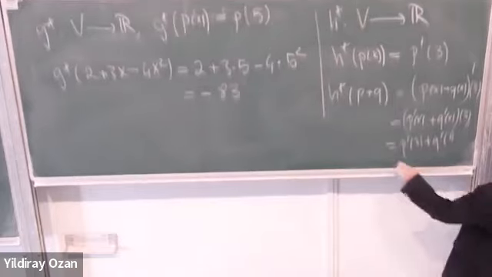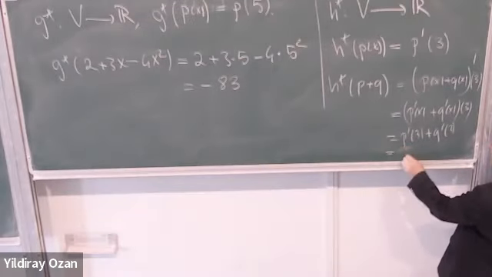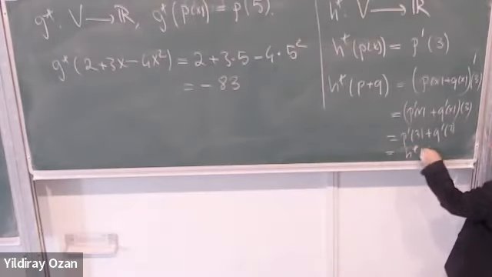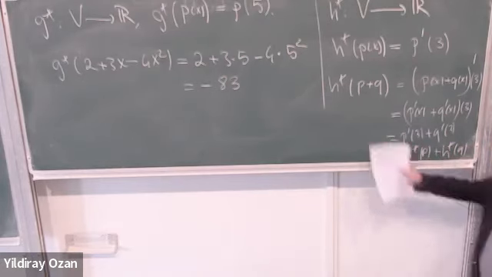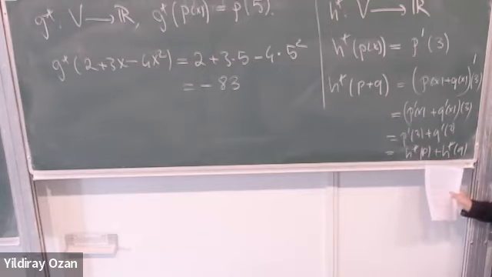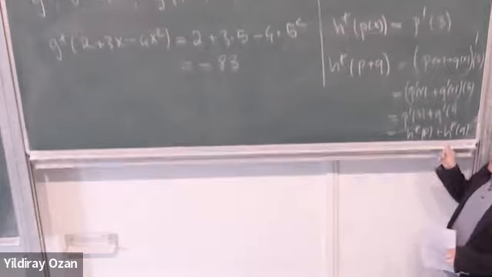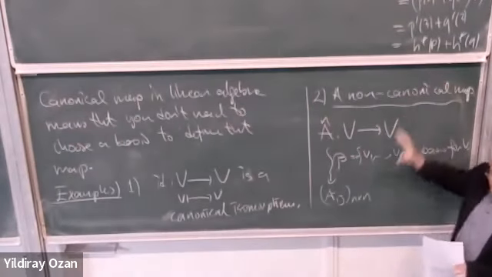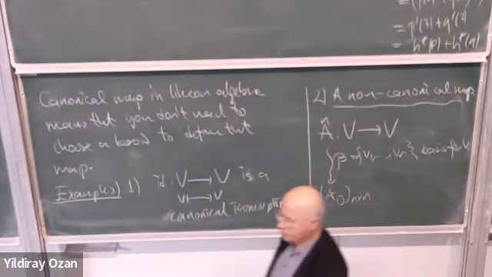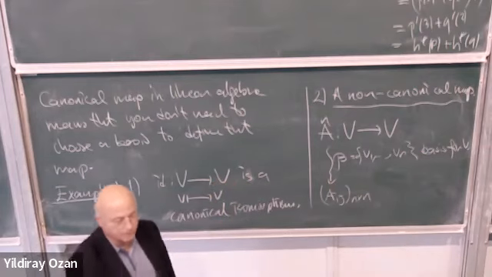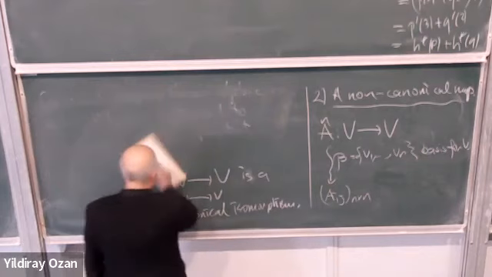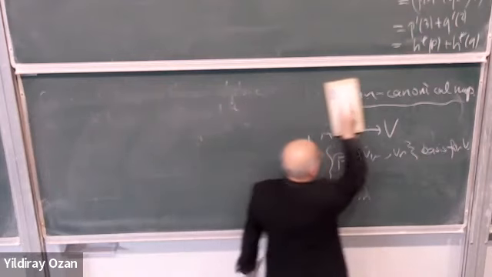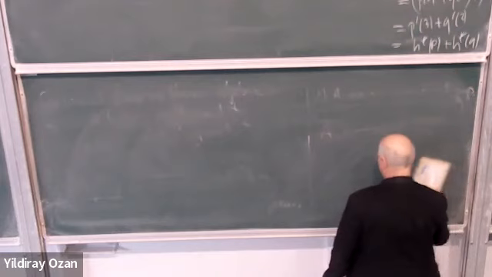But this thing is just h star of p, and this is h star of q. So h star of p plus q is just h star p plus h star q. Okay. So you see, these linear maps, I mean, dual vectors, are interesting objects, right? Differentiation is there. Of course, integration is also a linear map.